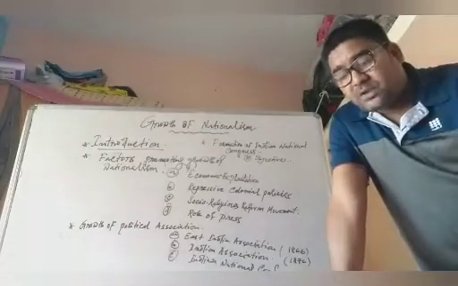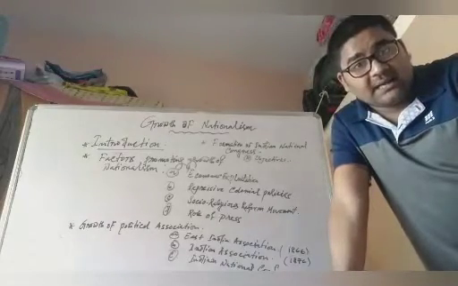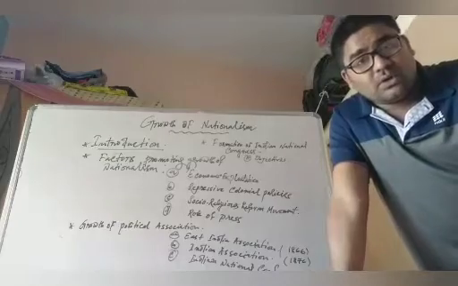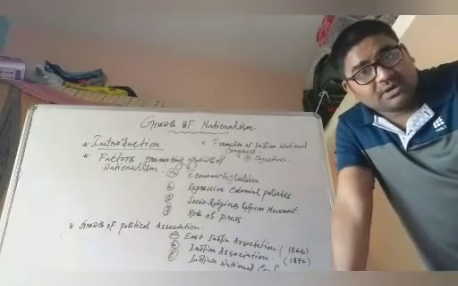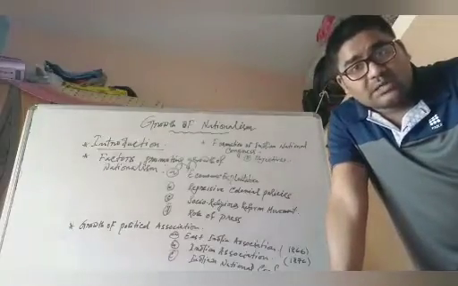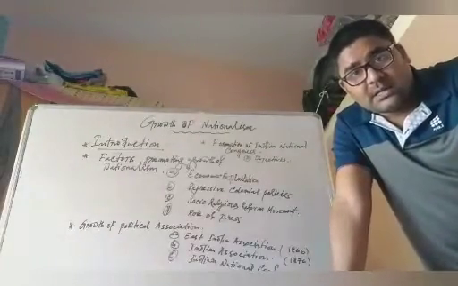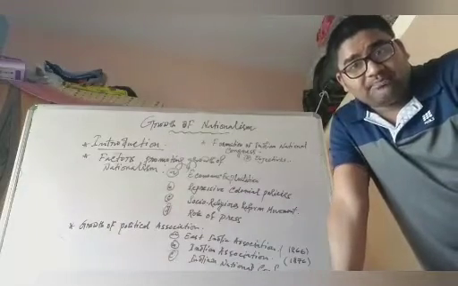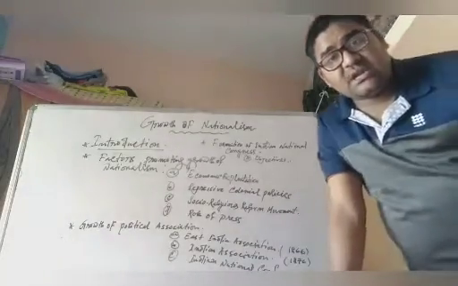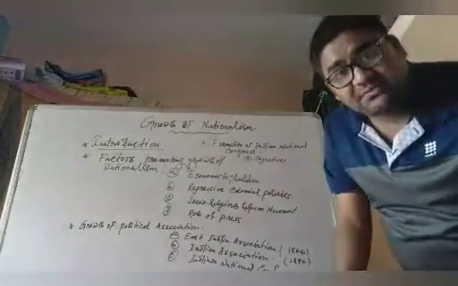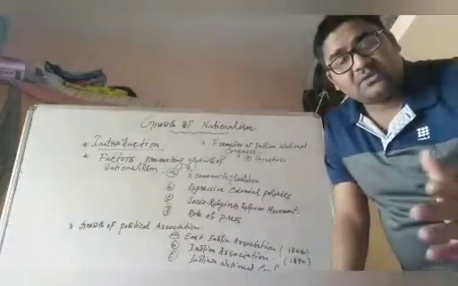Then a meeting was held between 28th and 31st December 1885 at Gokuldas Tejpal Sanskrit College, Mumbai. 76 delegates were present from different parts of the country, and in their presence, the Indian National Congress was established on 31st December 1885.